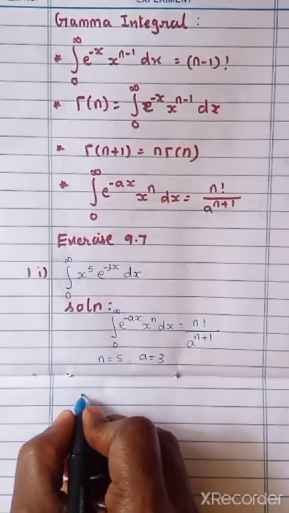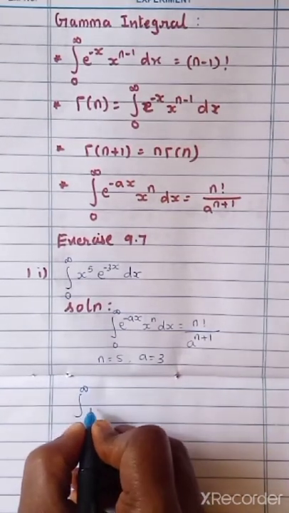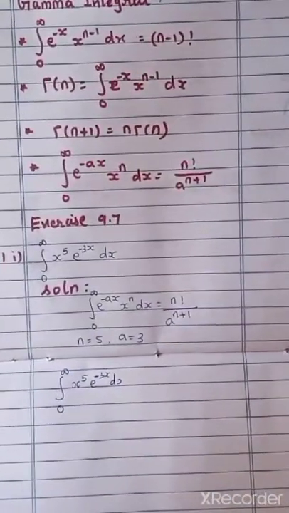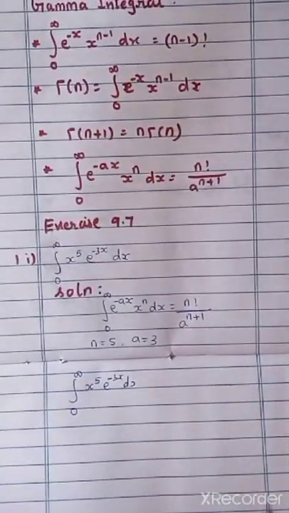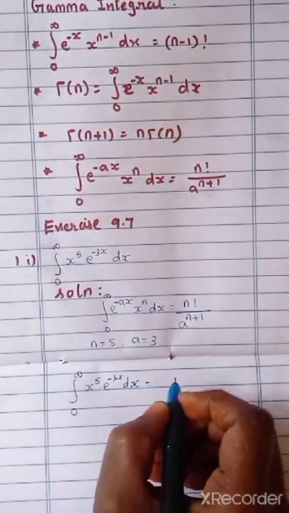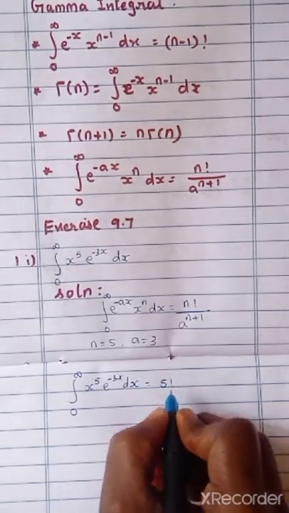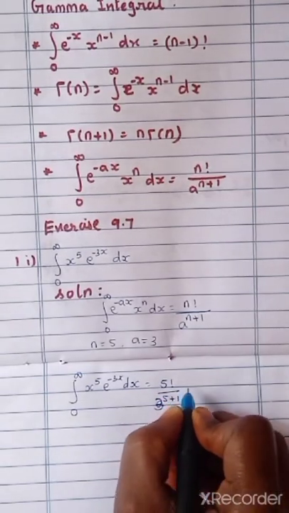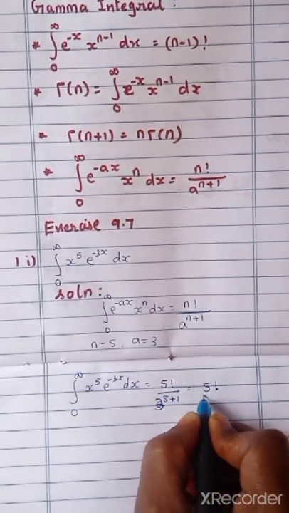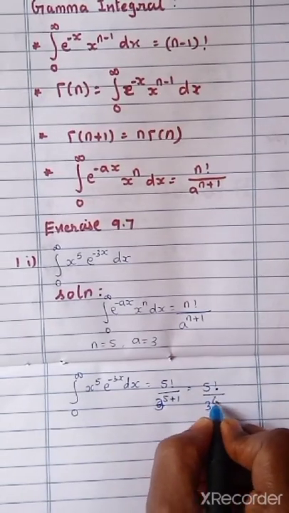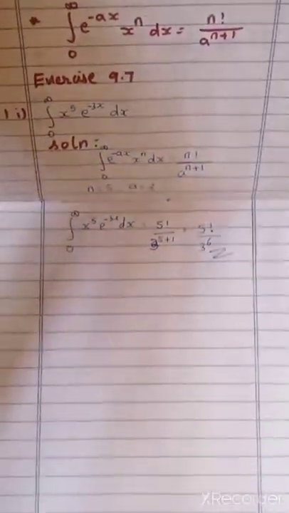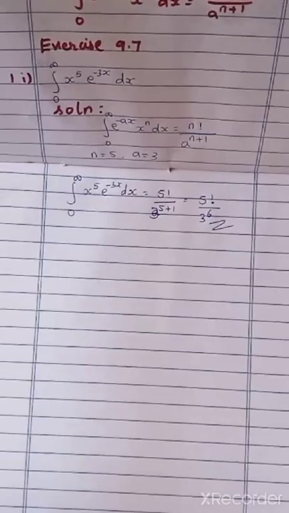So integral 0 to infinity x power 5 e power minus 3x dx equal to n factorial by a power n plus 1, so 5 factorial by 3 power 5 plus 1, which is equal to 5 factorial by 3 power 6. No need to simplify this one. 5 factorial by 3 power 6 is your final answer.